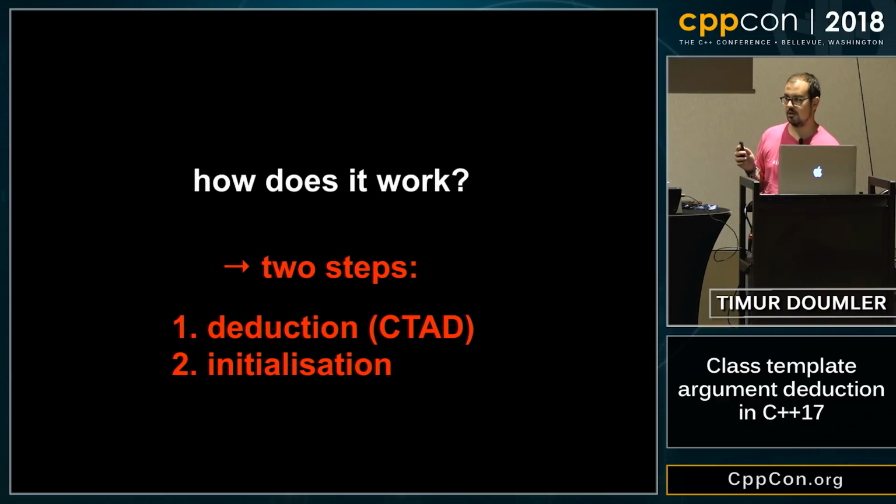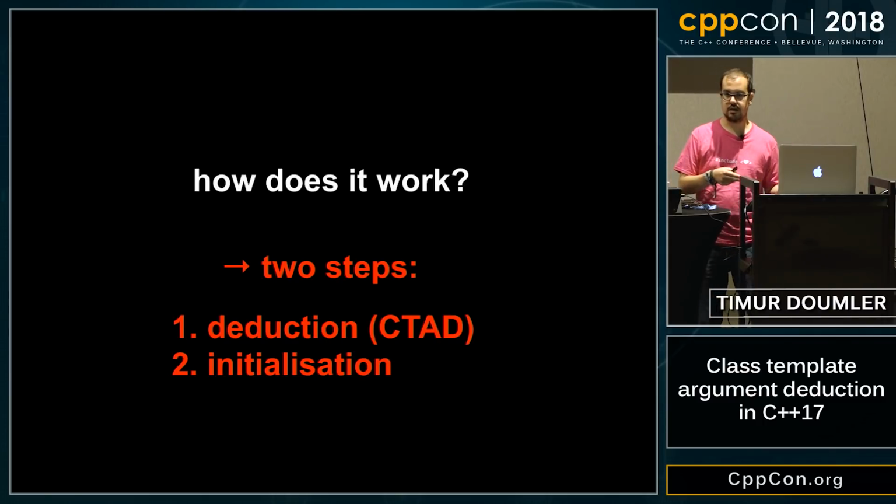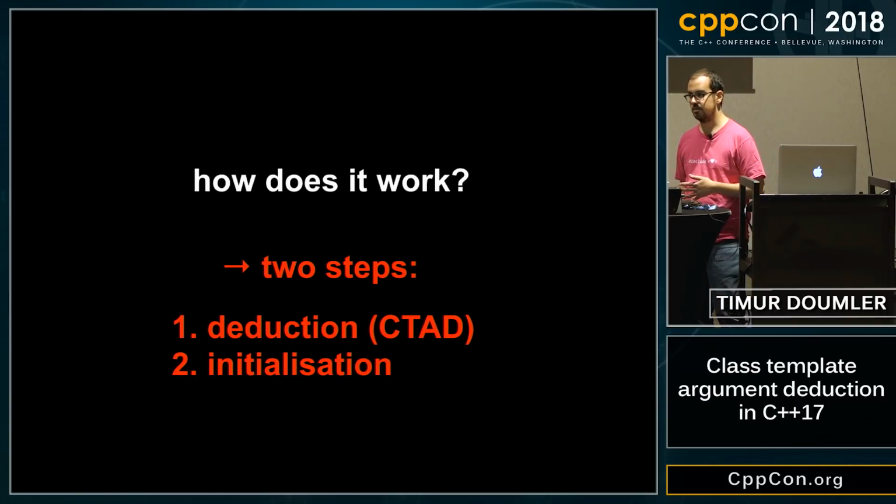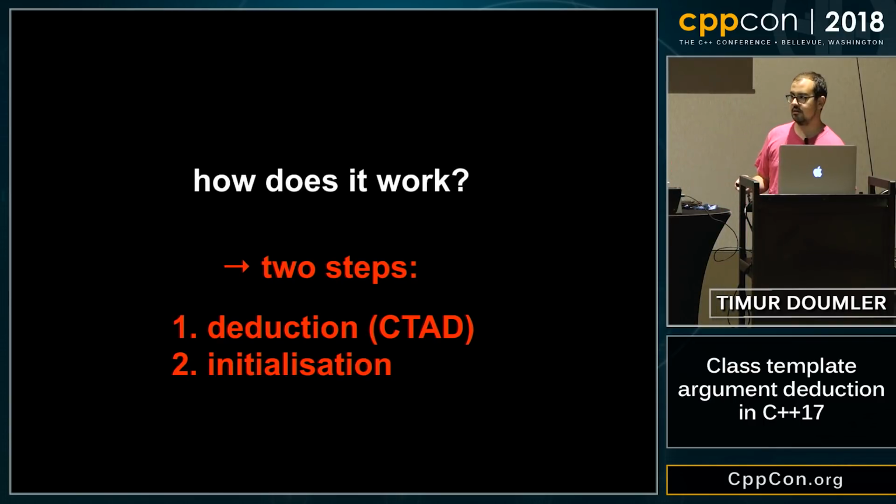The most important thing about how CTAD works is that you always have two separate steps. The first step is the deduction itself, the actual CTAD, where it deduces the template arguments of the class that you want to create an object of. And the second step is actually initializing that object. It's really important to keep in mind that those are two separate steps. If you get that, you already kind of get how it works.